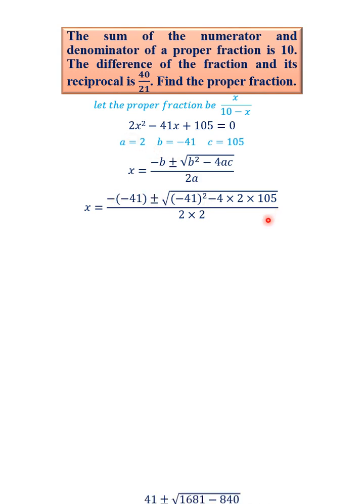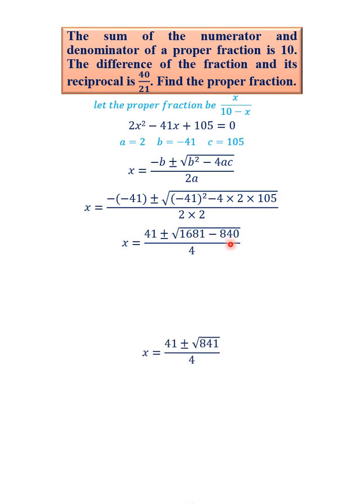So at the numerator we have negative becomes positive 41 plus or minus, negative 41 squared gives us 1681, minus 4 times 2 times 105, which is 840. 1681 minus 840 gives us 841. So we have 41 plus or minus the square root of 841 all over 4.